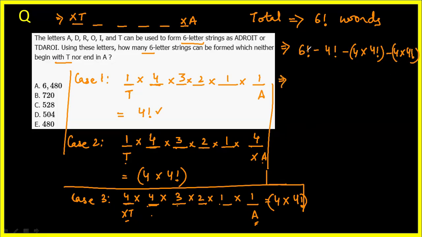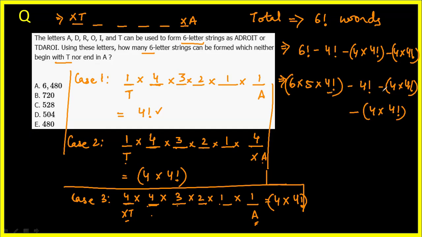Now, simplifying, can we write 6 factorial as 6 into 5 into 4 factorial, minus 4 factorial as it is, minus 4 times 4 factorial, minus the last term, 4 times 4 factorial.